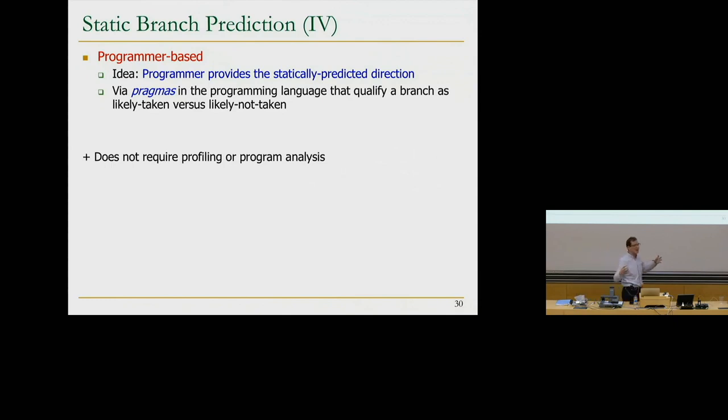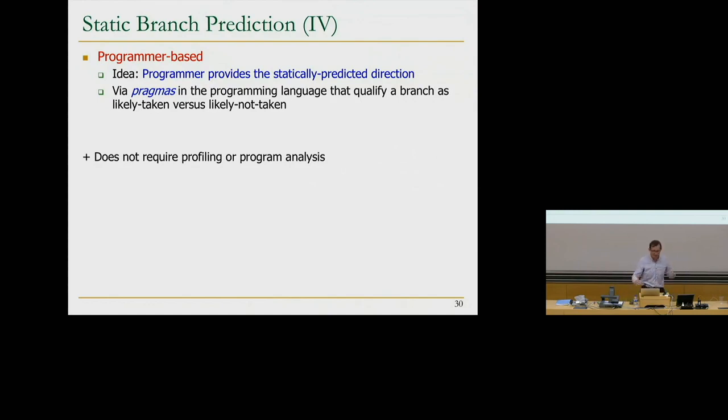Likely is a pragma in the C language, for example, that enables the programmer to tell the compiler, I think this branch is going to be likely taken. And that gets communicated to the compiler, and the compiler sets the hint bit based on this information, saying, oh, the programmer thinks this branch is likely taken, so I'm going to set the hint bit as 1, and the hardware can use that information.